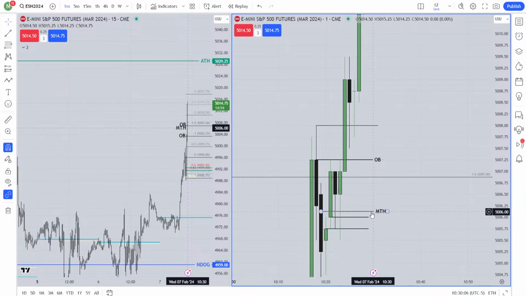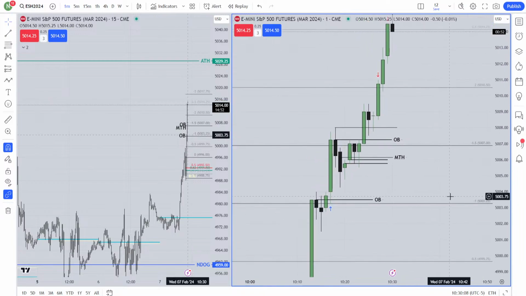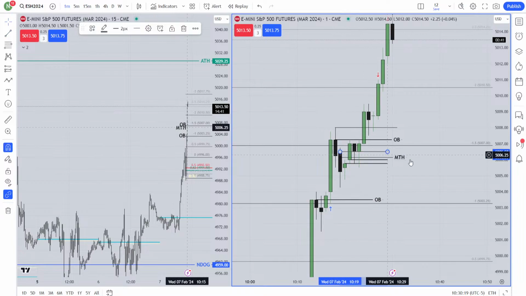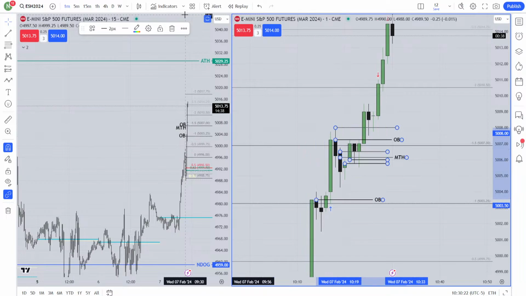This is the power. Now, the thing I missed is when this candle traded this gap, this opening. Look at this open. This is my order block. Let me remove everything here.